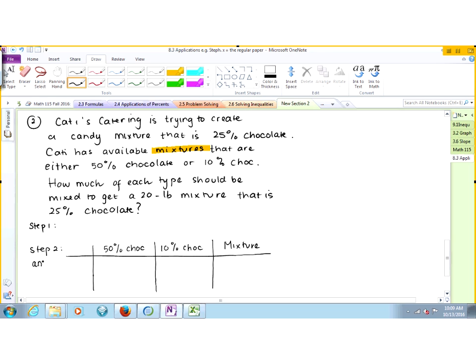All right. So now the first one is amount. So what is the unit for my amount in this case? Pounds. Okay. What about the value? Are we talking about the price?